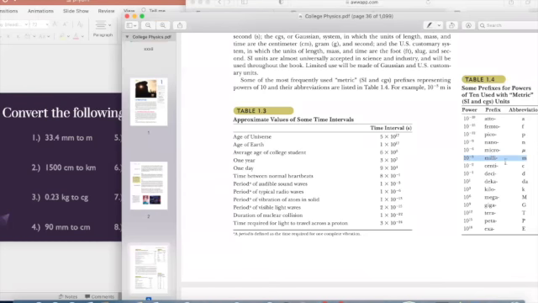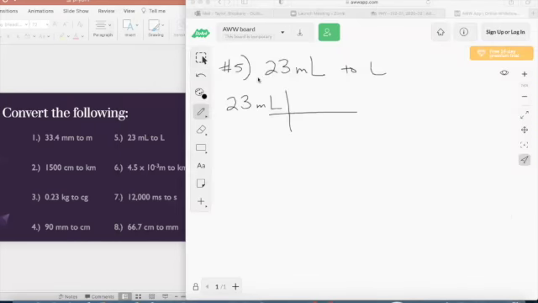We're trying to go from milli to the base unit of liters, which is 10 to the 0 power, in between deci and deca. So 1 milliliter is equal to 10 to the minus third liters. These milliliters and milliliters cancel out, so we're going to be left with liters, which is what we're trying to get to.